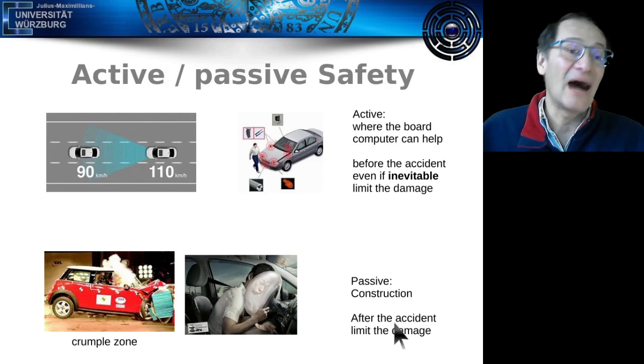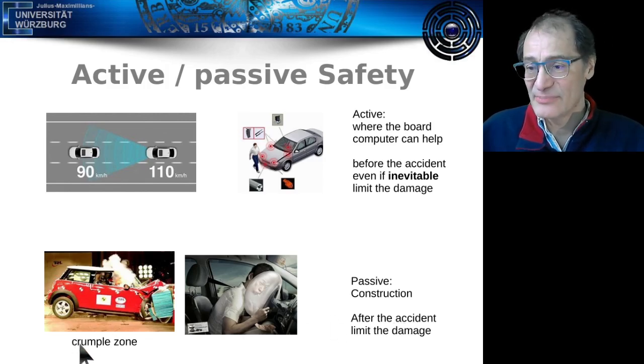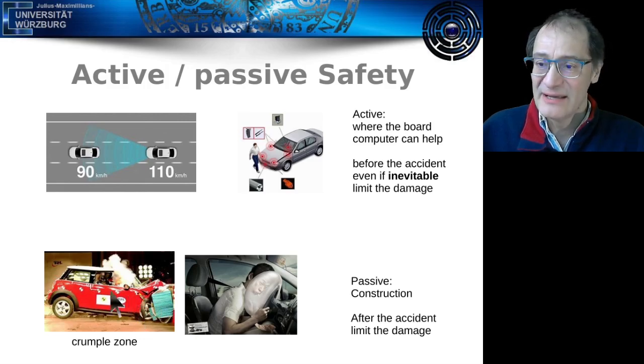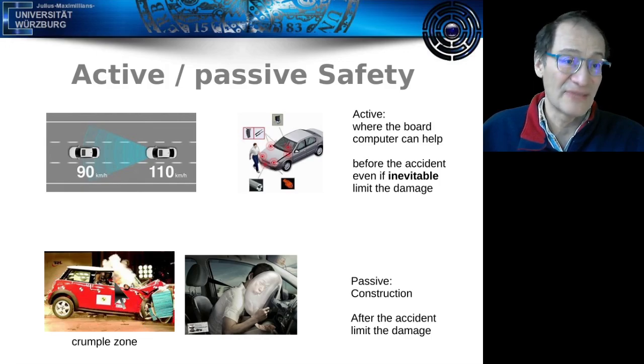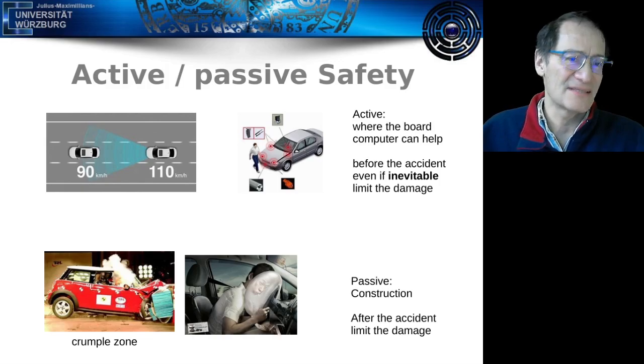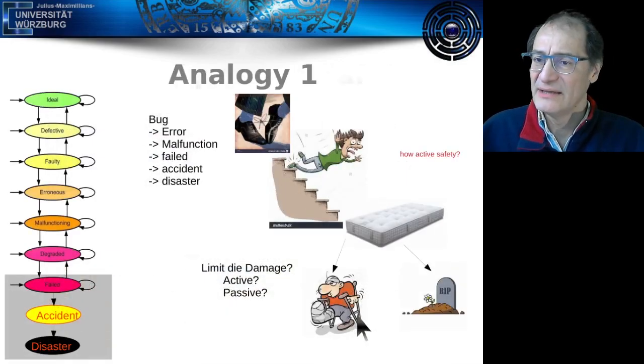For example, after the accident, we can have something like a crumple zone. If you have a bigger crumple zone, then the acceleration inside the cabin will be lower, and the probability to survive will be a little bit higher. Or something like an airbag, passive after the accident, used to limit the damage.